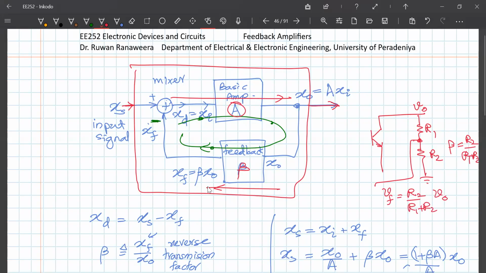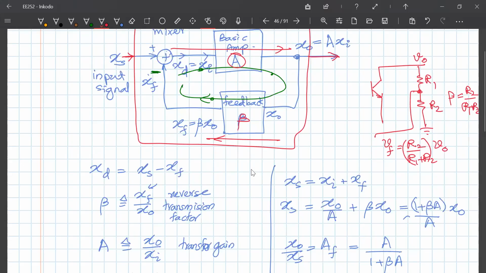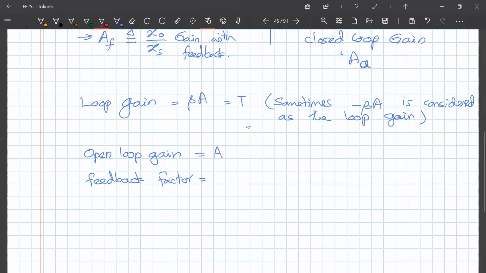Now in this case you see beta is that much. Do not confuse beta with the beta value, the current gain of a BJT. This beta is a standard notation in control systems applications. That is why we use it as beta. Otherwise, we could have used a different notation to avoid any confusion with the beta that we use in transistors. So do not confuse it with the beta of the transistor.